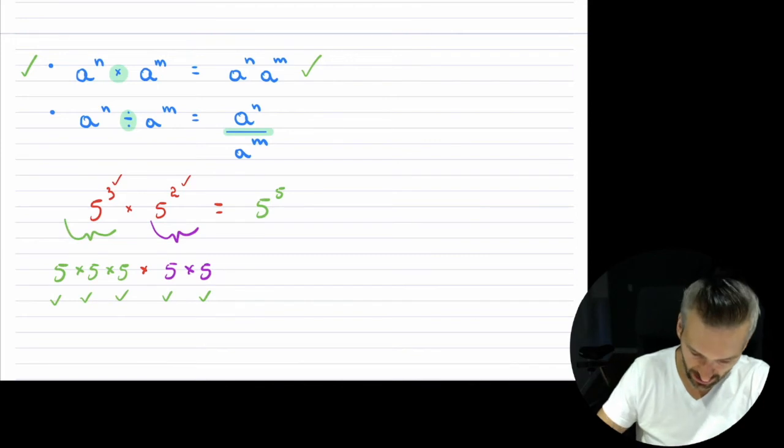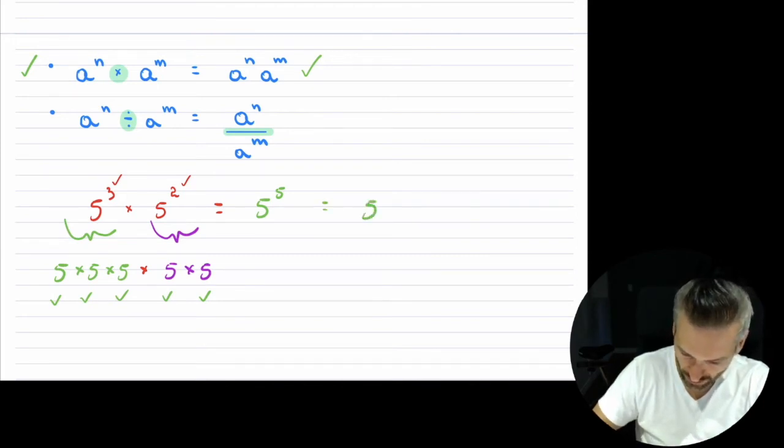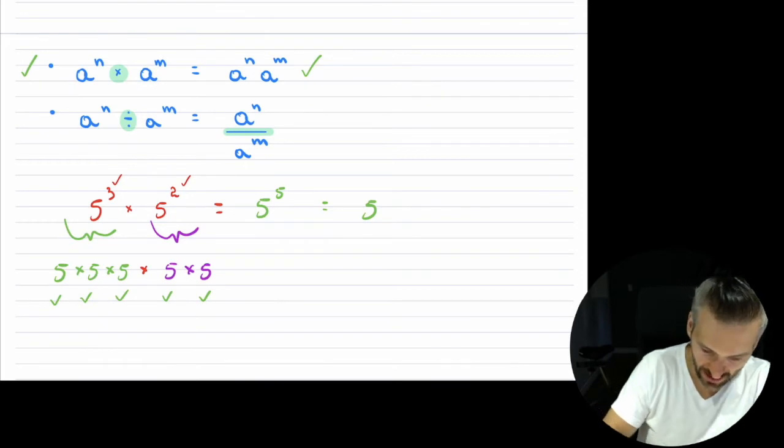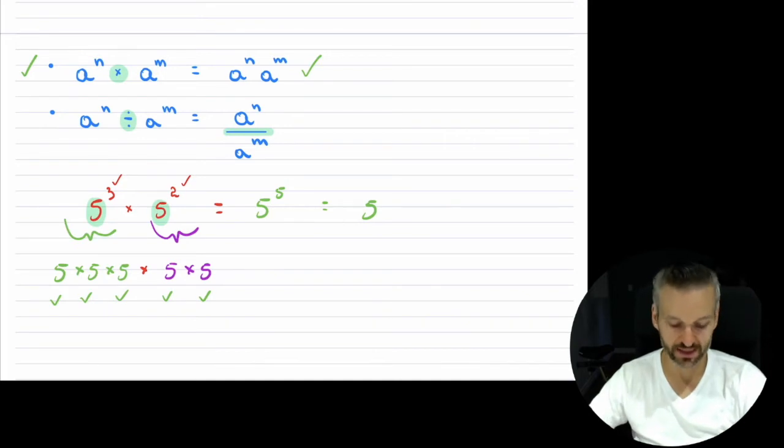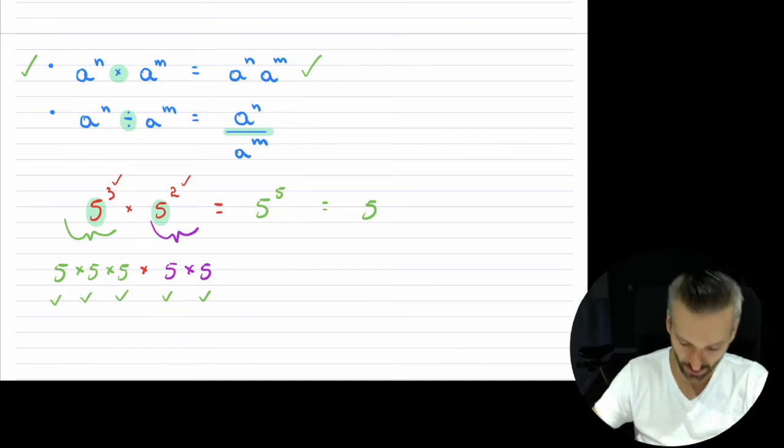And what that will tell us is that the actual rule is, when you have the same base, so this is A, which is the same base, then all you have to do is simply add your exponents. So notice 3 plus 2 is equal to 5.